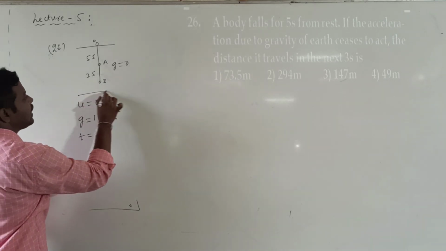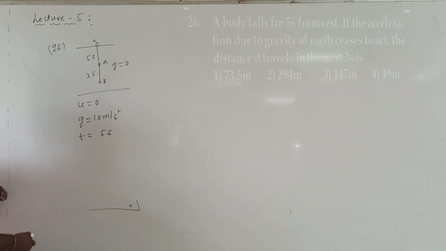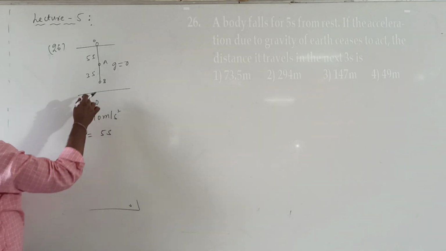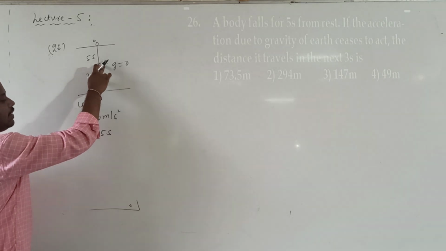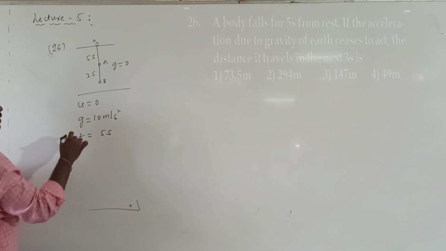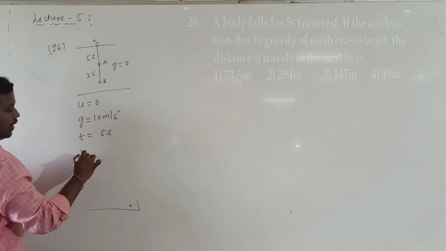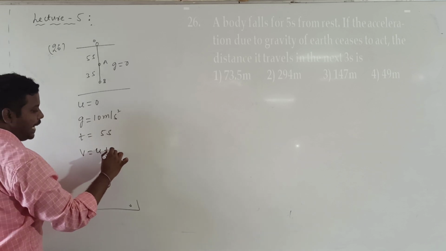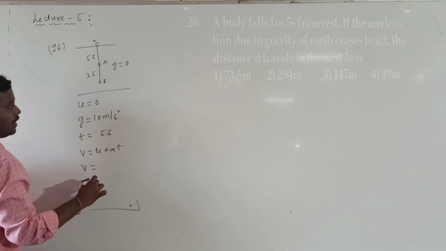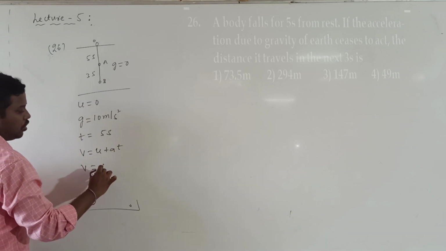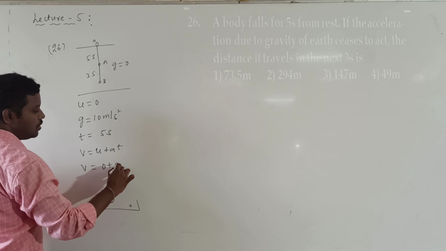So within these 3 seconds, I want to calculate the distance travelled. To calculate the distance travelled from A to B, let me calculate the velocity at A. To calculate the velocity at A, using the formula v is equal to u plus at. What is the final velocity at A given by? v is equal to u value 0 plus a value g, so g into t.